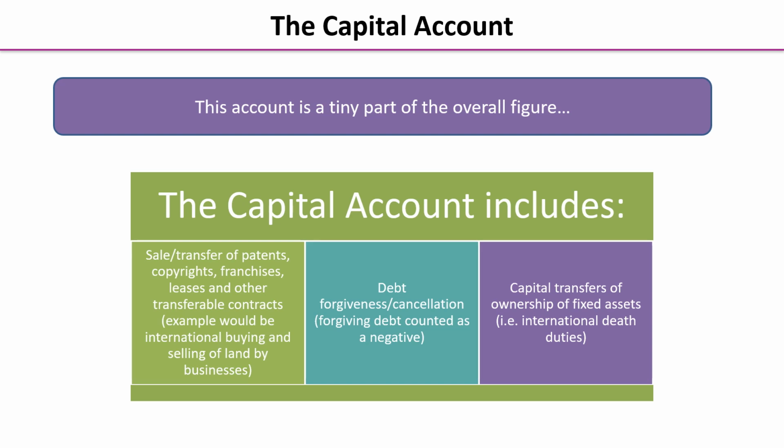So on this slide we can see the sorts of things that are in the capital account, and we've got things like sales or transfer of patents, copyrights, franchises, leases, all of that sort of thing. So it's really a bit of a strange group of things that go into the capital account.